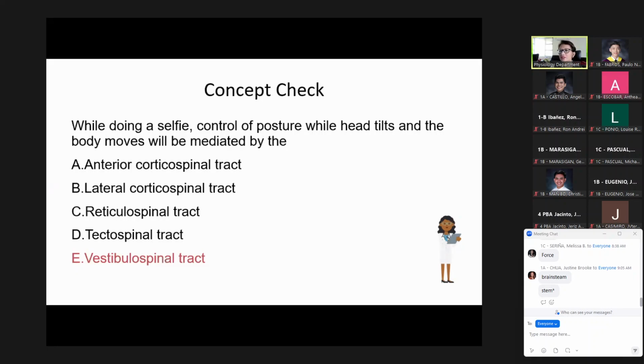What is it for? It's for balance, equilibrium. Yes. Correct. Balance and equilibrium. Which means to say, this is for balance.